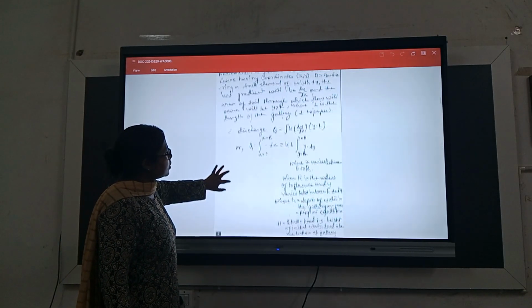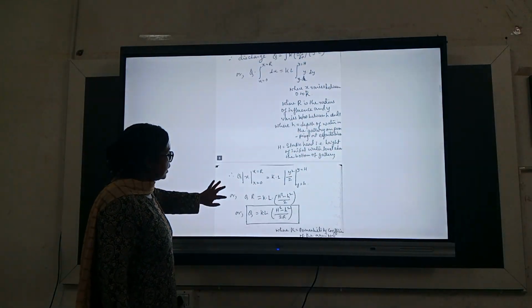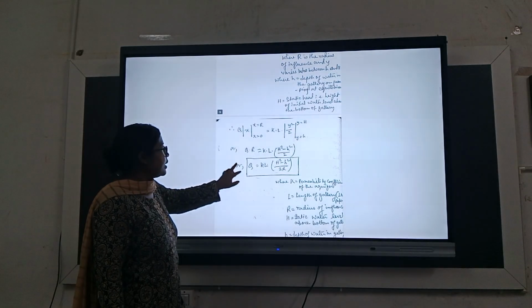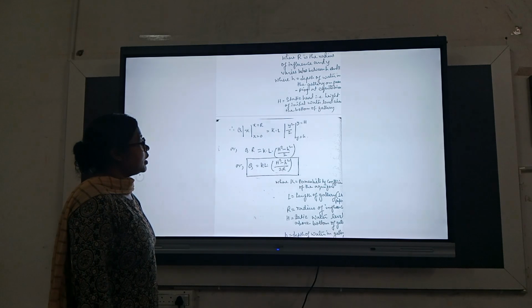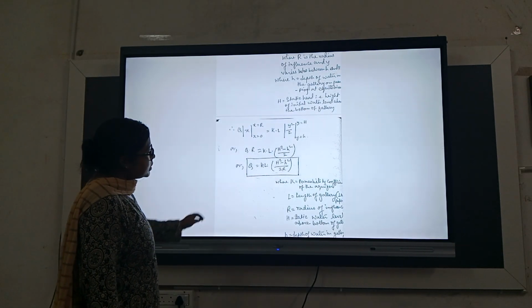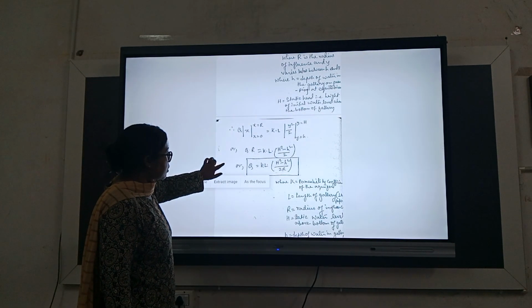we are getting this formula: q equals kL into capital H square minus small h square by 2R.